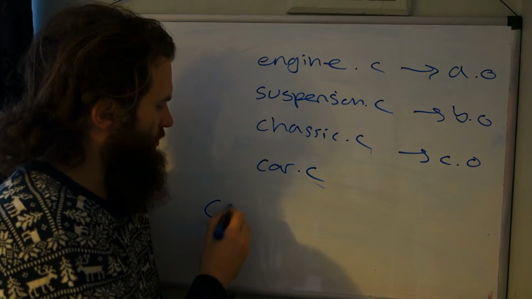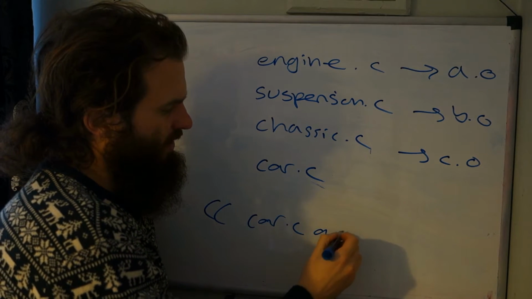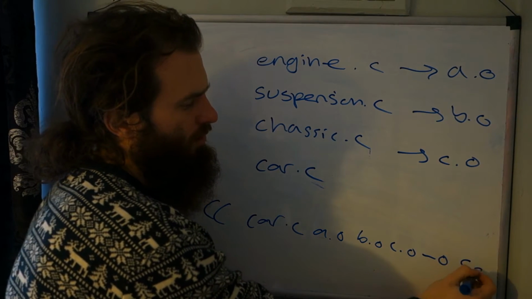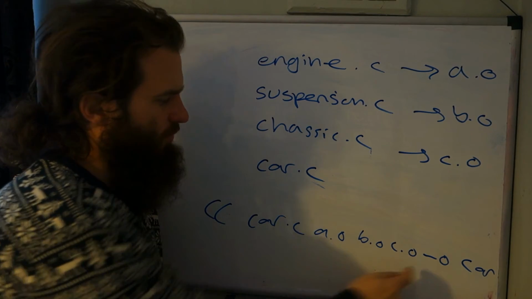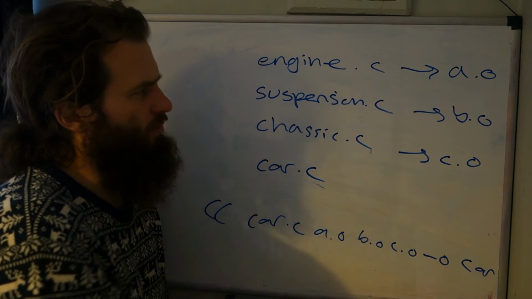Then we might compile this with cc car.c A.O B.O C.O, output car. So all of our object files will be passed into the compilation command to produce our output.